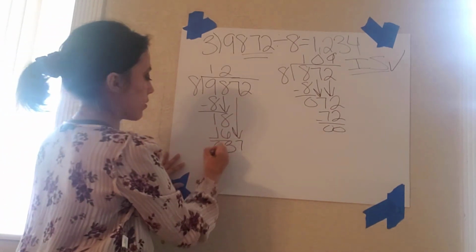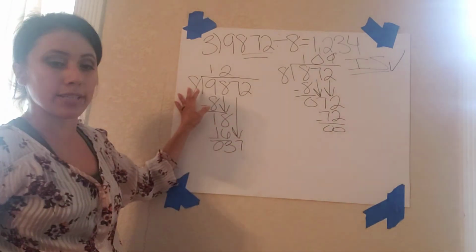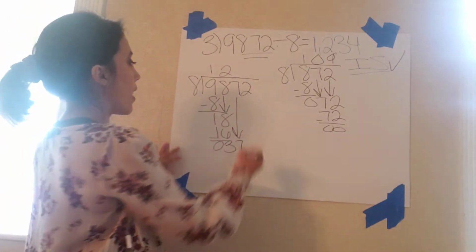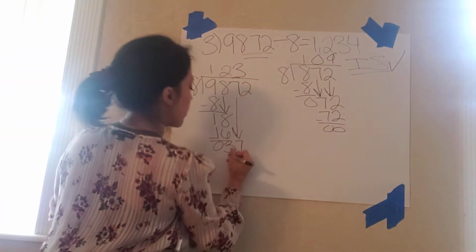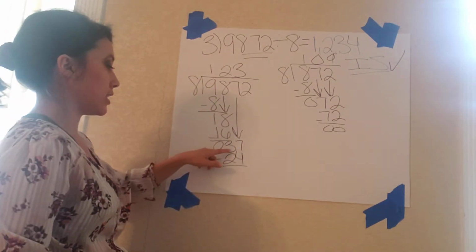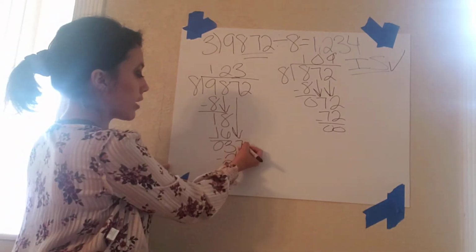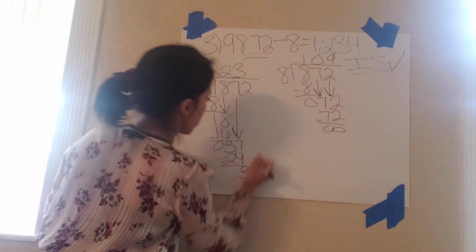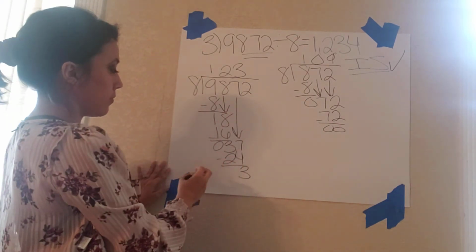And we need to see how many times does 8 go into 37. And we know 8 times 3 equals 24. And 24 is the closest number that we can get to 37. So now we're going to subtract 7 minus 4 is 3.